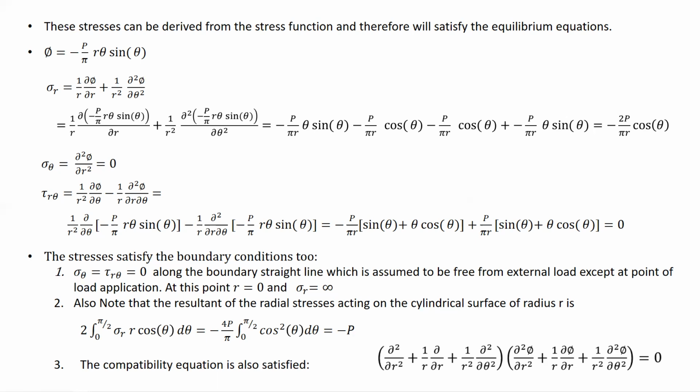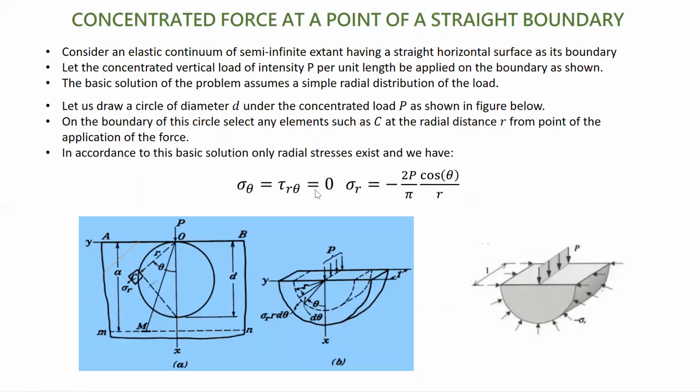Because if the stress is defined by area function, I don't need to satisfy the equilibrium condition. I could have worked out and say these stresses would satisfy the equilibrium and work through the equilibrium equation in polar coordinate system and verify that these are satisfied.